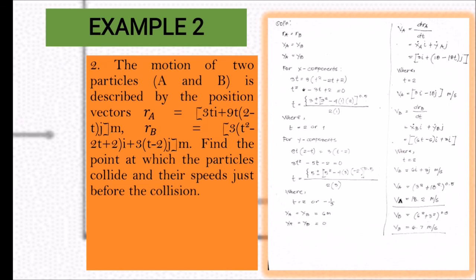So, for our v sub B, is equal to 6 squared plus 3 squared raised to 0.5. Then we have 6.7 meter per second. So for our final answer of v sub A and v sub B, the v sub A is equal to 18.2 meter per second, and for v sub B is equal to 6.7 meter per second.